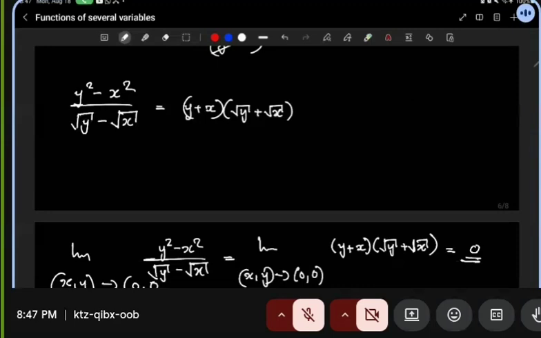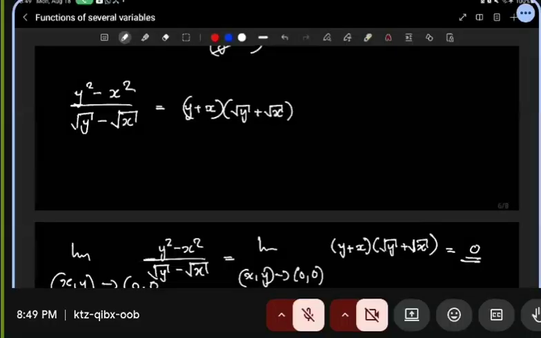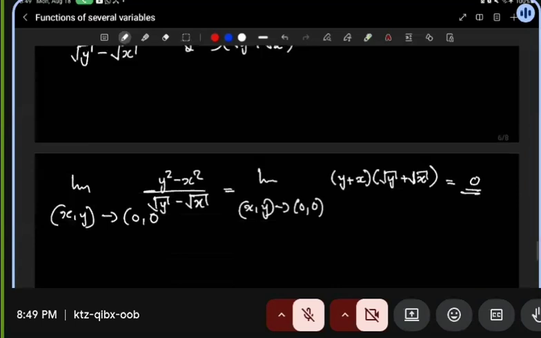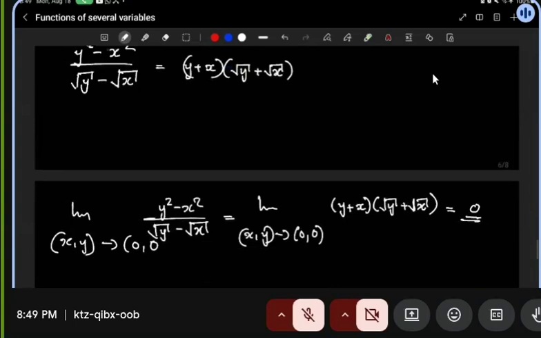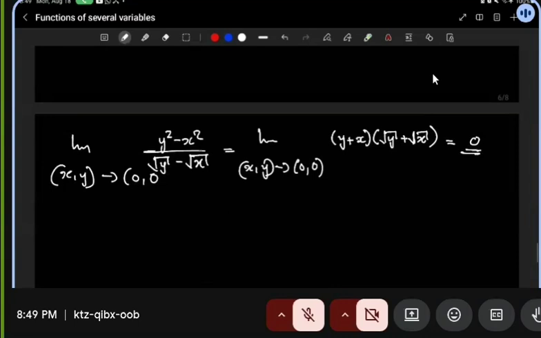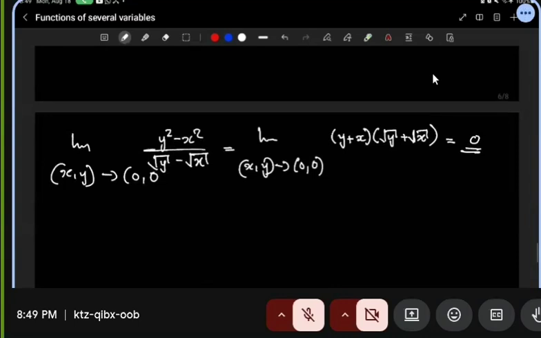Any questions? Okay. So this one just required this trick. There are more tricks that we can use when trying to evaluate these limits, and they are quite a lot. But in some cases, it might not be possible to just directly simplify, like the way this one simplified.